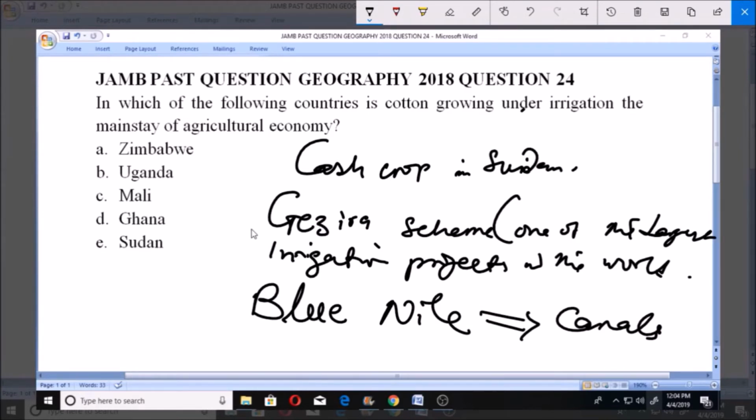So this is a very big irrigation project, and cotton is a major cash crop in Sudan, and that makes option E the right answer. Thank you.